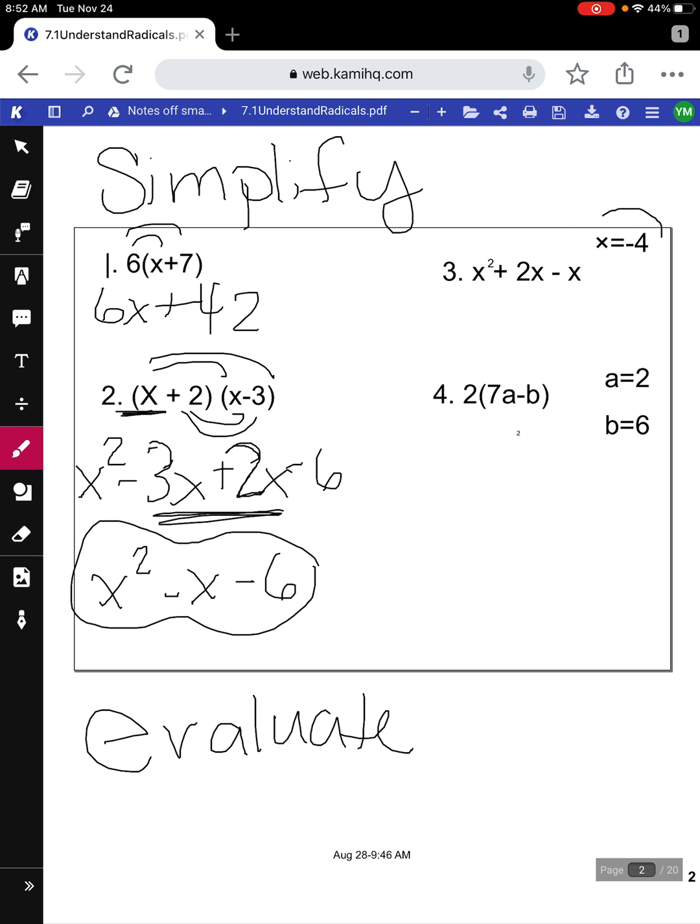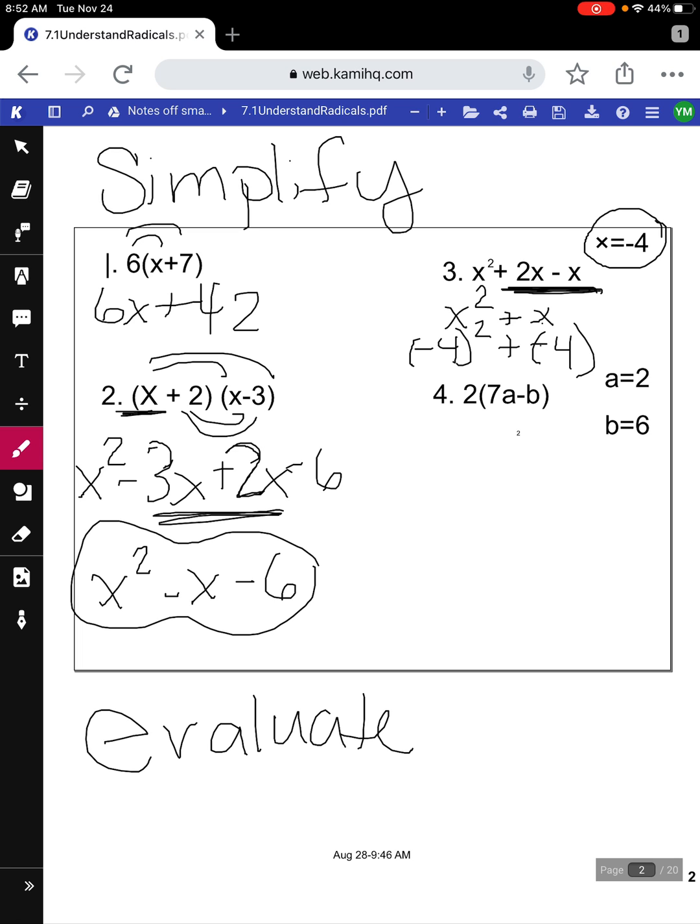For 3, you are evaluating for negative 4. So first I'm going to combine like terms: x squared plus x, because 2x minus x is 1x. And then I'm going to substitute in that negative 4. Negative 4 squared. Remember to always use those parentheses because they're going to help you.